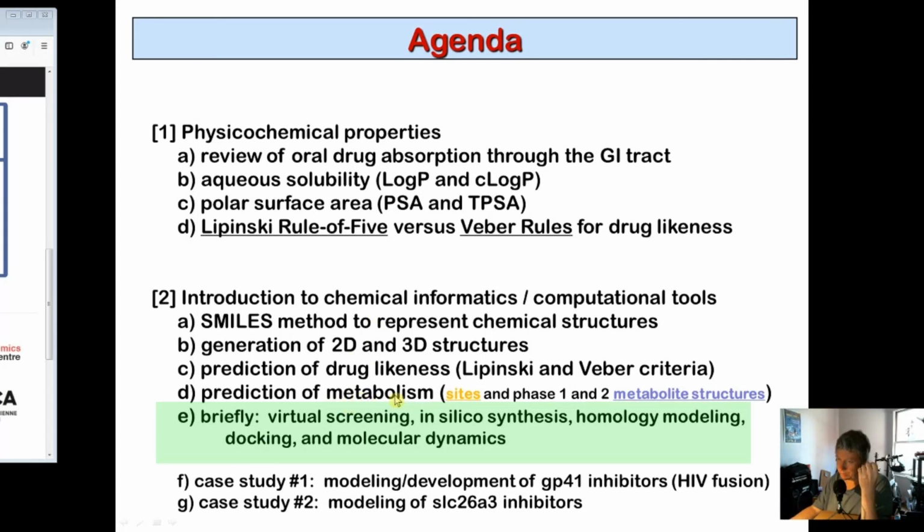So I'm going to pause this a bit, and either later I'm going to post what I just did, or I'm going to throw in that little NERD server thing, which is the sites of phase 1 and 2 metabolite formation, and also the NERD metabolite structure prediction. Okay, so I'm going to pause for now. All right, I'll talk to you guys in a bit.